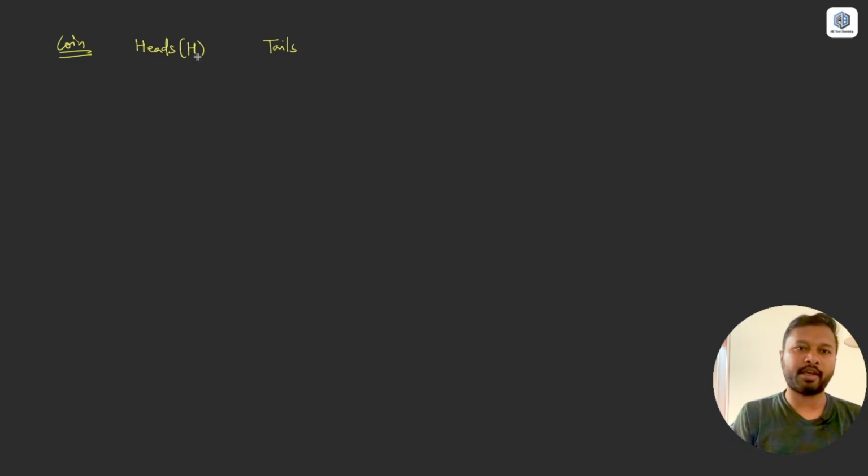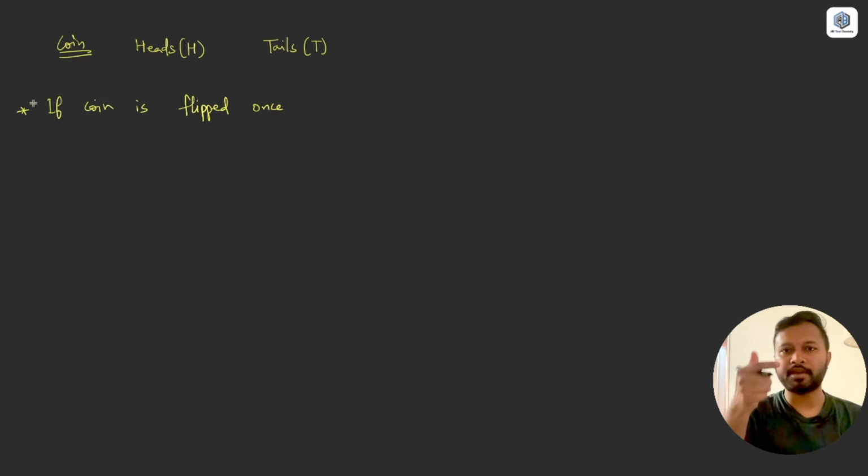Heads is denoted by H and tails we are going to denote by T. So if the coin is flipped once, that means you are just flipping the coin one time. In that case, the possibilities are that either you are going to get heads or you are going to get tails.